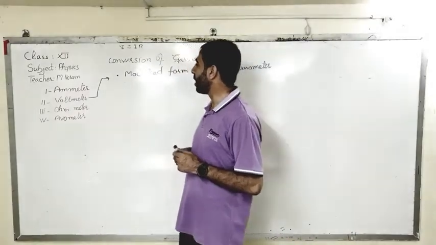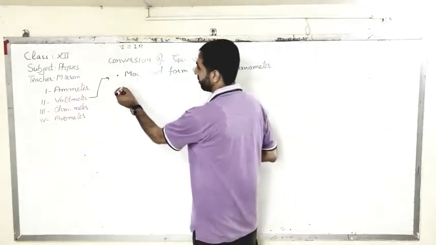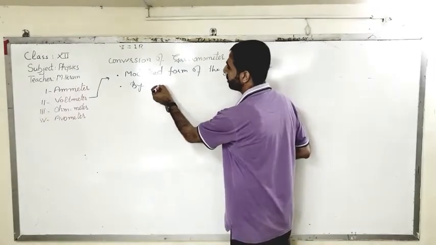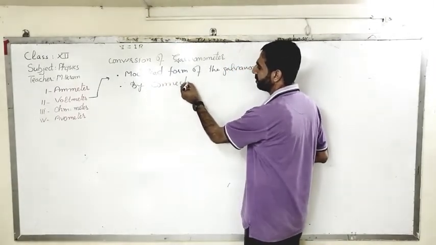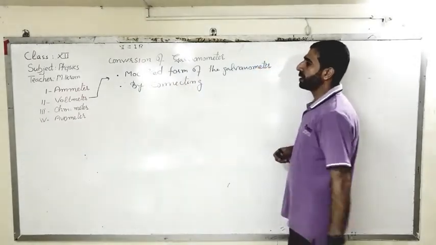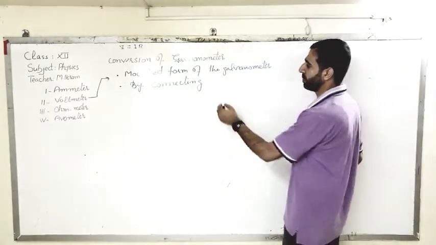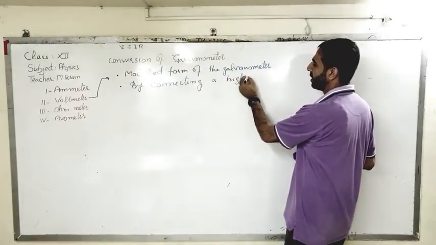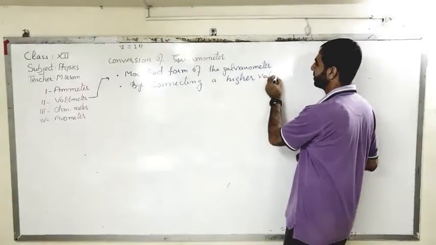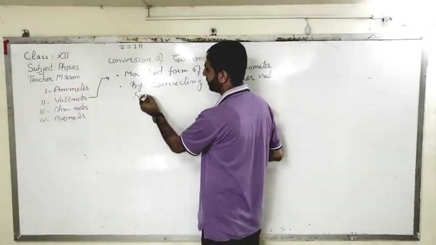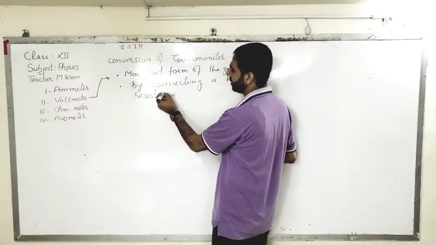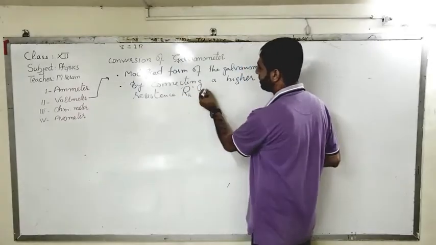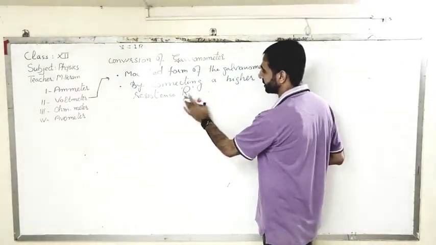Now how can this conversion be done? We can convert a galvanometer into a voltmeter by connecting a higher value resistance RH in series with the galvanometer.